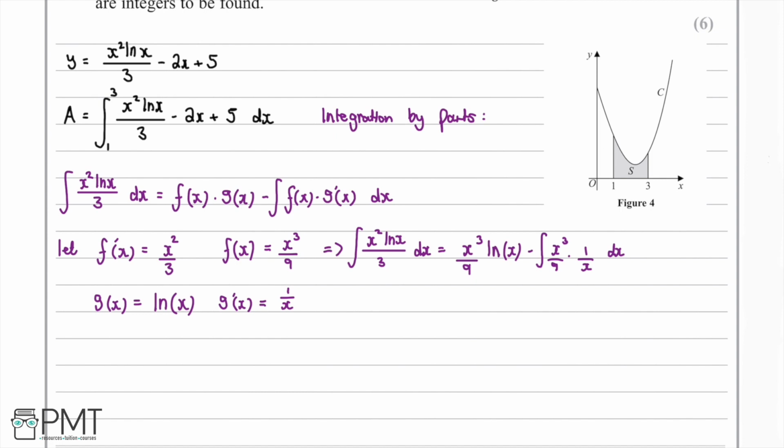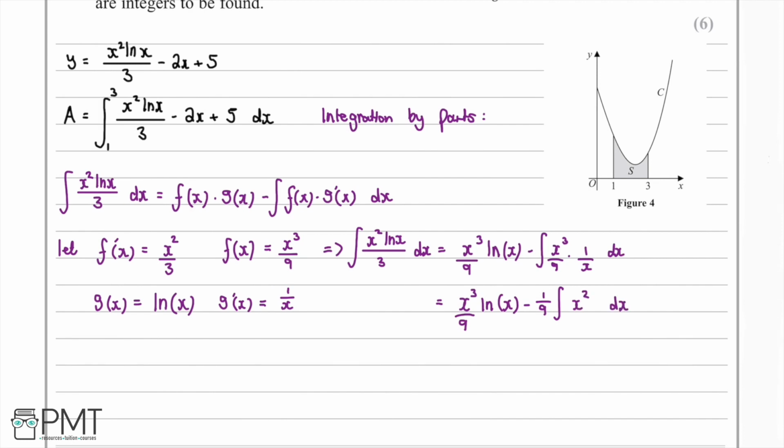So our next step, we can keep the first part as is, x cubed over 9 multiplied by ln of x. Then we have x cubed over 9 multiplied by 1 over x, so that is going to be subtracting. We can take out 1 over 9 as it's just a number, and scale our integral by it after. Then we still have our integral, and this time we have x cubed divided by x, which is x squared, dx.